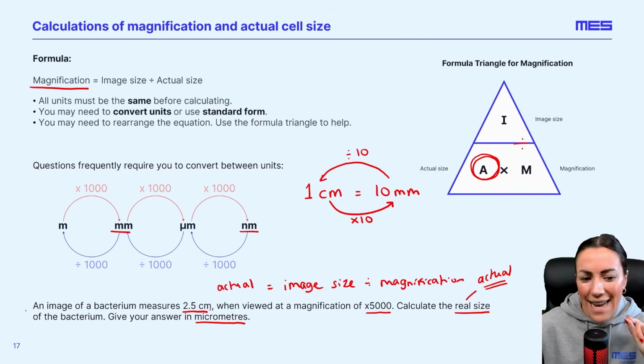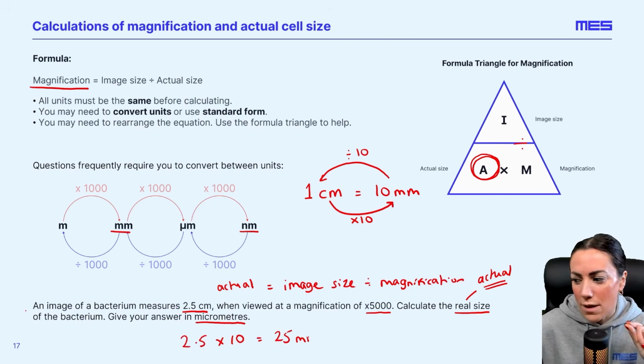Now there are 10 millimeters in 1 centimeter. So I'm going to times by 10 to convert that into millimeters. But I still need to go ahead and convert millimeters into micrometers. Now there are 1,000 micrometers in a millimeter. And you can see on the diagram here, I'm going to be timesing by 1,000.